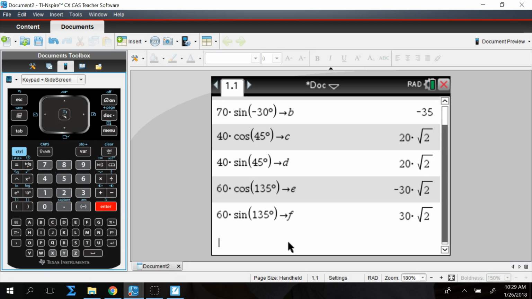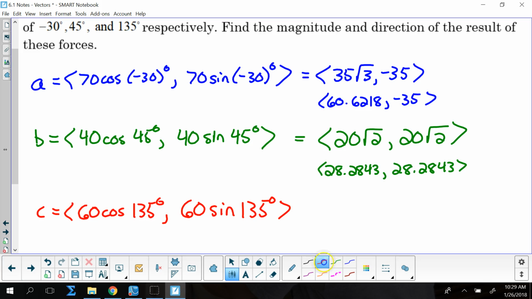So that gives me negative 30 times the square root of 2, comma, 30 times the square root of 2, or that is negative 42.4264.